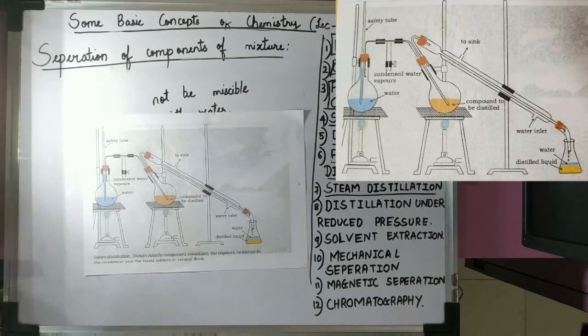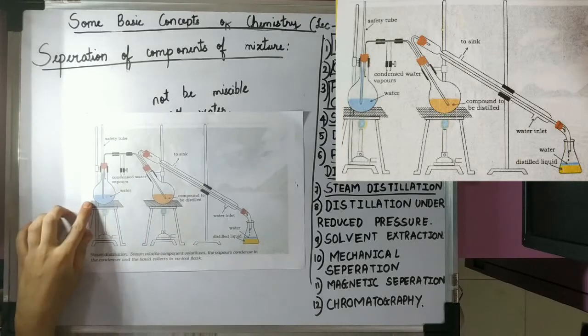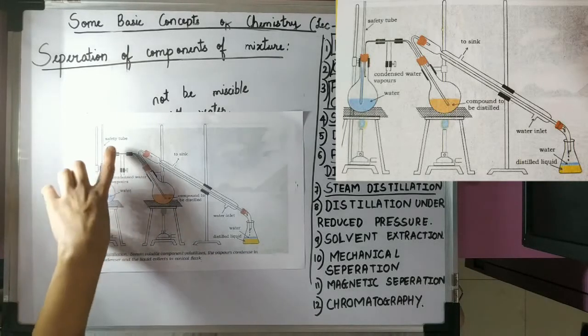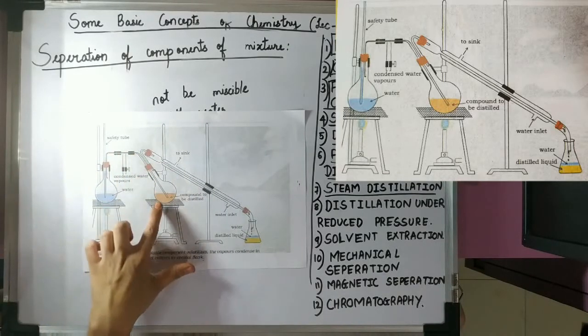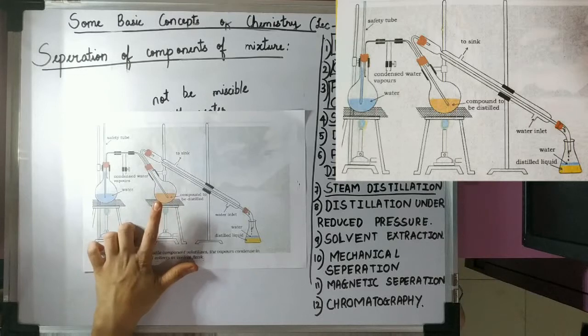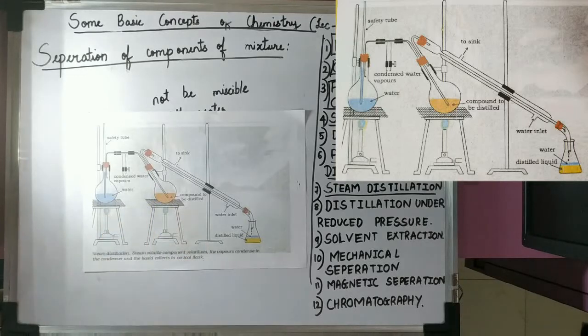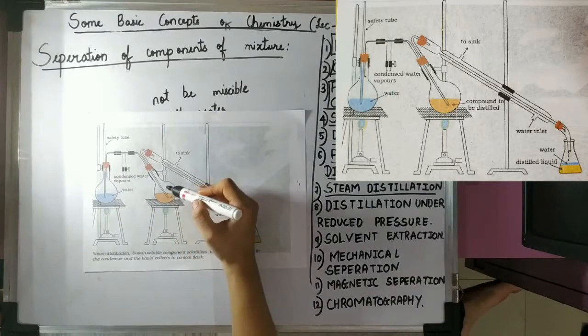So I will heat the water, it will form vapors, and we allow the vapors to pass through the tube to this mixture. Now the substance which we want to separate will also get heated and form vapors. So along with the steam, that substance will also form vapors and it will pass through the other tube.